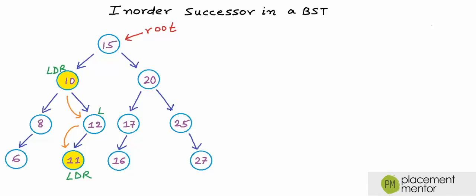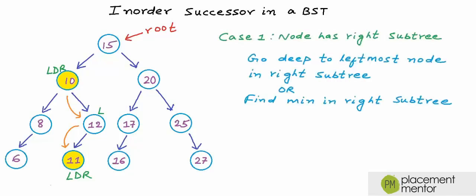In a BST, it would be the node with minimum value in its right subtree. I would say this is case 1. In this case, all we need to do is we need to go as left as possible in right subtree. In a BST, it will also mean finding the minimum in right subtree. Leftmost node will also be the minimum in the subtree.